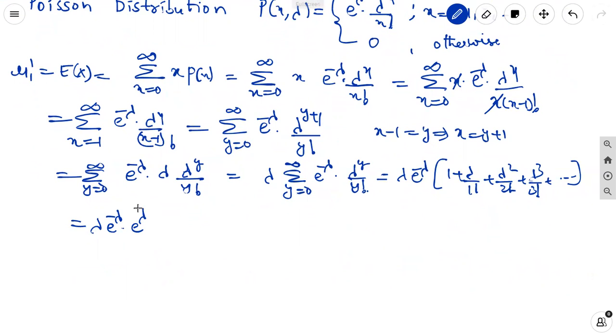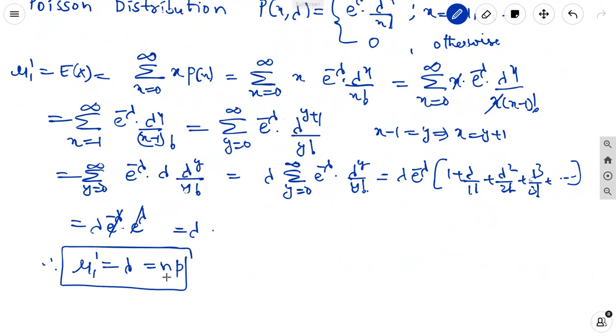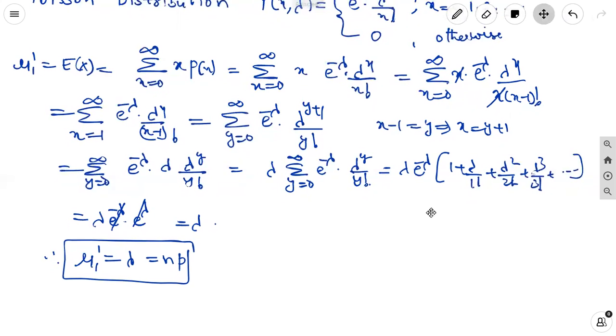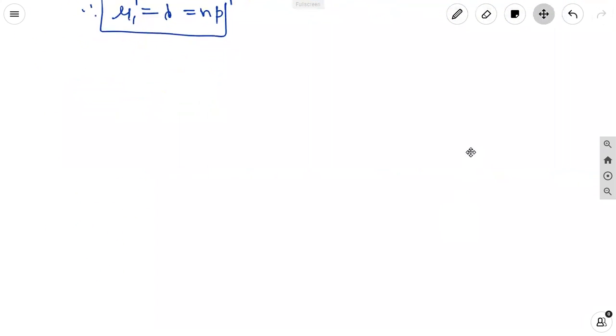E power lambda and e power minus lambda get cancelled, and it is equal to lambda. Therefore mu1 dash equals lambda. In the Poisson distribution, lambda is the product of the maximum number n and the small value of p. This is the first moment in the Poisson distribution. Next, to find the second moment.